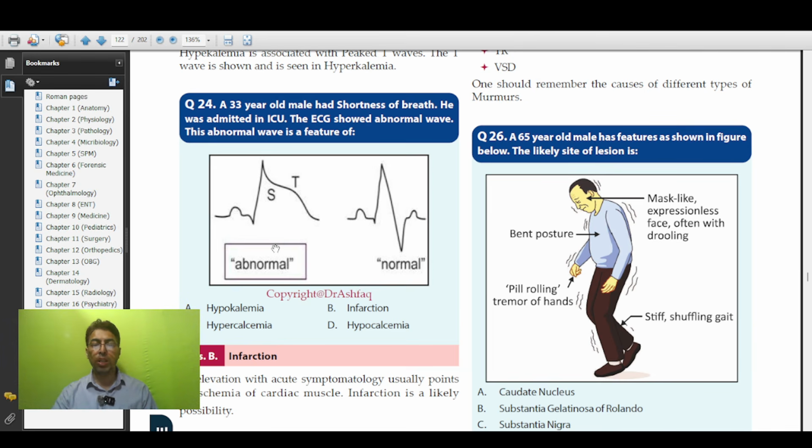So infarction is the most likely possibility over here, and this should be remembered. I took up this set of questions because they tend to be very simple. But that does not mean that you will always get simple questions in your examinations. This is just to give you an idea what sort of questions are asked as image-based questions.